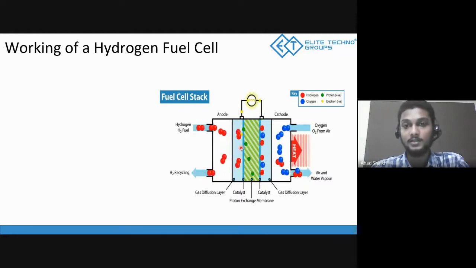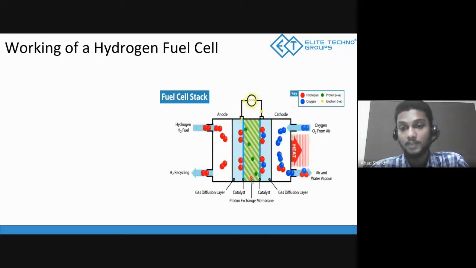The catalyst in a hydrogen fuel cell is mostly platinum, which allows the separation of proton and electron. You can see it gets separated into a proton and an electron, and the protons are allowed to pass through the membrane, which is a proton exchange membrane, and reach the cathode side. At the cathode side, we have an inlet of air where there is oxygen, and the electron finds the external path to flow, and that's exactly how we get electricity.